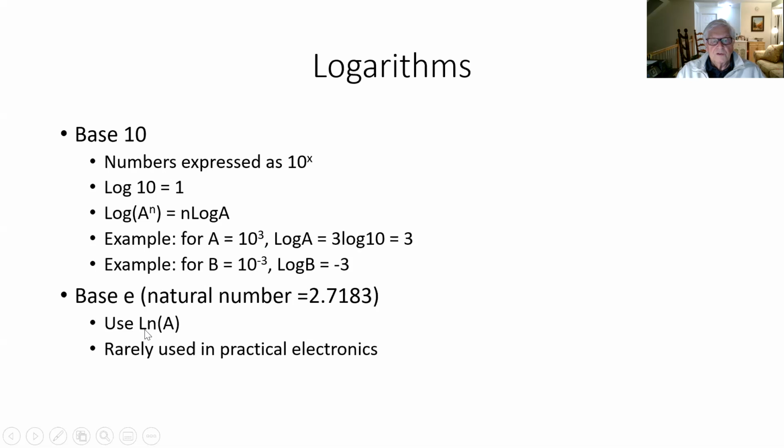We can also use the natural logarithm number, which is 2.7183. That's our natural number, so we can use the natural logarithm of a. But in electronics, we rarely use that because we're usually working in engineering units.